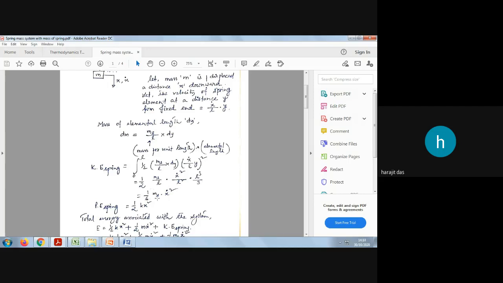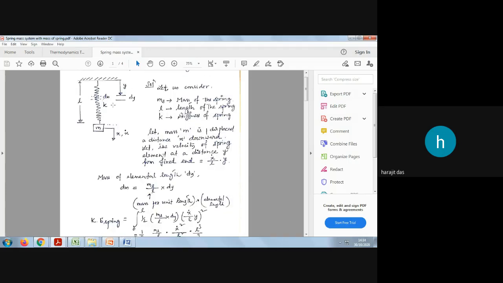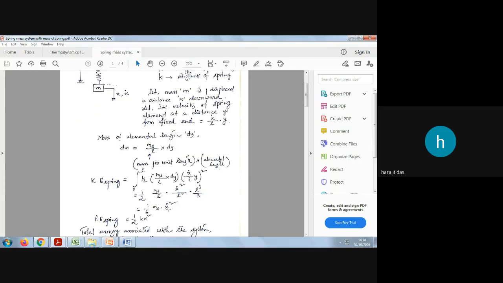This is the kinetic energy of the spring: 1 upon 6 ms into x dot square, but we also need to consider the kinetic energy of the mass. In the GATE exam, it is directly asked what the kinetic energy of the spring is.